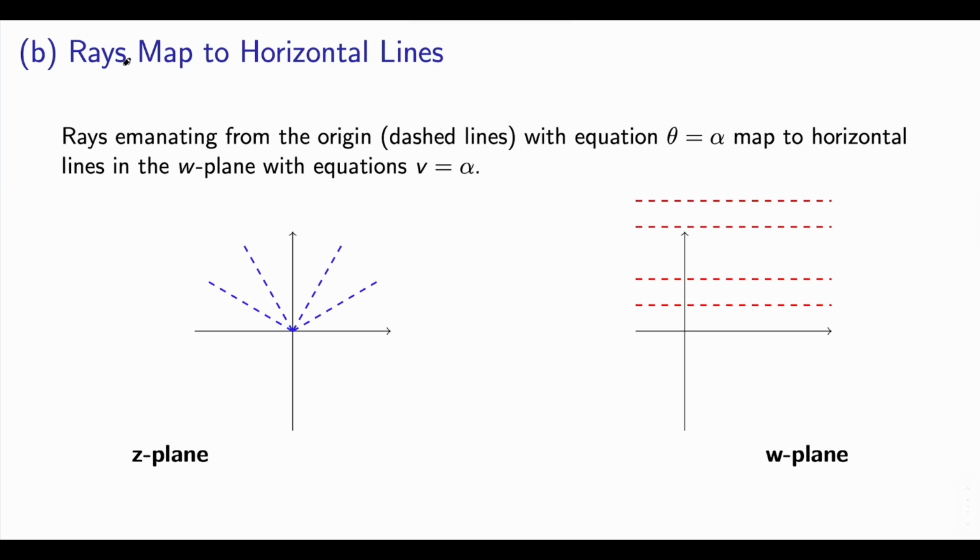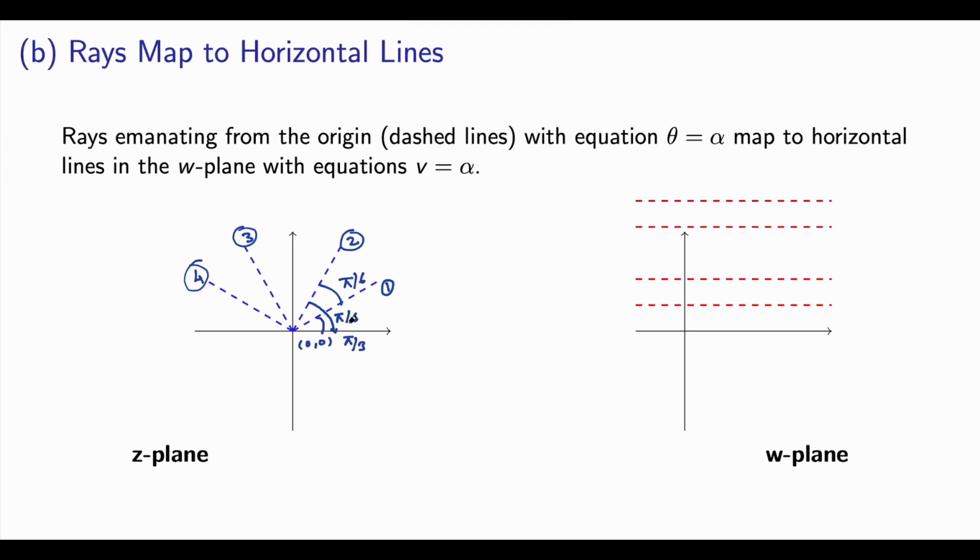The second part: rays map to horizontal lines. As you know, this is the origin. From the origin, consider any line, like this dashed blue line. Let us call them line number 1, line number 2, line number 3, line number 4. If the angle we take here is pi by 6, and this is also pi by 6, then this one becomes 2 pi by 6, which is pi by 3.